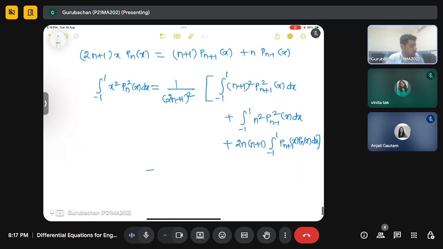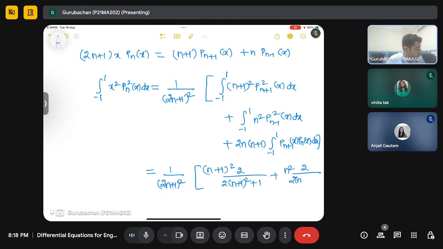So this will give you 1 by (2n plus 1) square. You know the value of this expression. This will be (n plus 1) whole square into 2 by 2 times (n plus 1) plus 1, plus n square into 2 by 2 times (n minus 1) plus 1, plus this term will be 0.